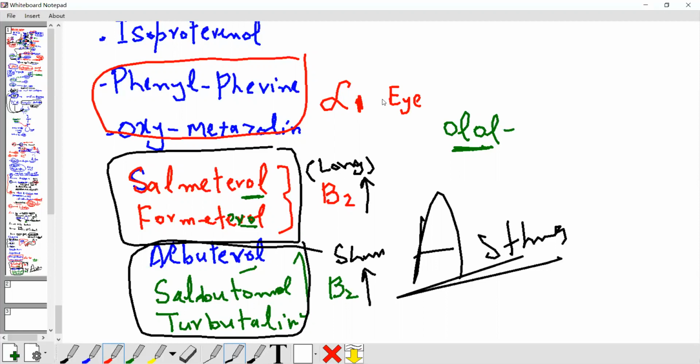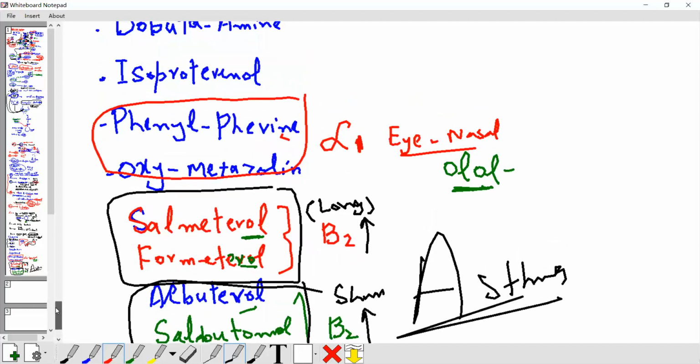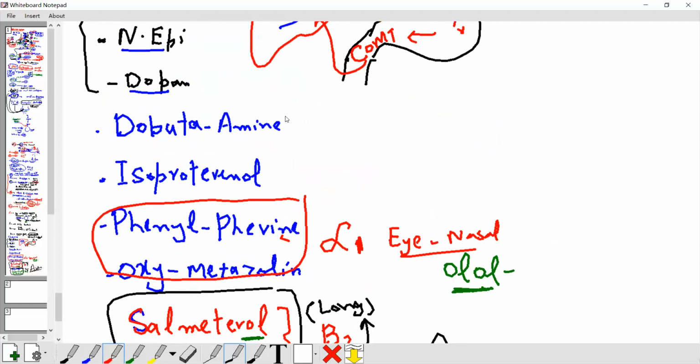If you put a drop of phenylephrine or oxymetazoline, what happens? Vasoconstriction, and the redness finishes. We use them for red eye. Eye uses, nasal uses. Phenylephrine, oxymetazoline. Dobutamine is for beta 1 also, beta 2 also, and isoproterenol.